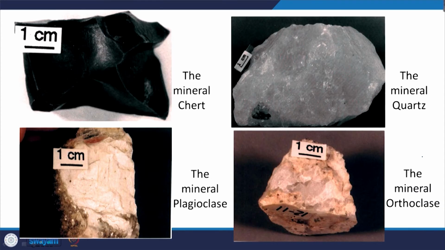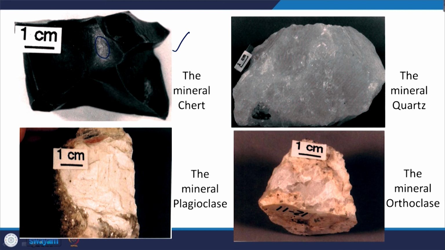Now, we have discussed it; let us see one by one how these minerals look. The first figure gives us the idea about how the mineral chert looks. As I mentioned, it is waxy with conchoidal fracture, which is evident from this figure.